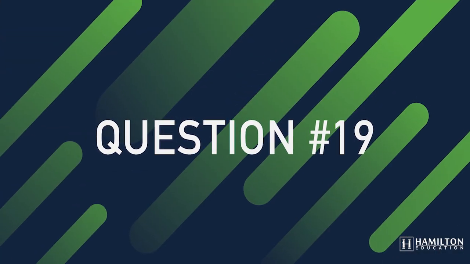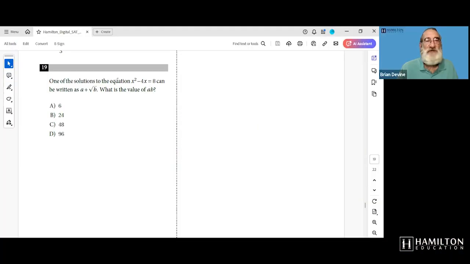For number 19, one of the solutions to the equation x squared minus 4x equals 8 can be written in this form. And we want to know what's the value of the product of A and B. Well, if I look at that, I'm gonna do this.